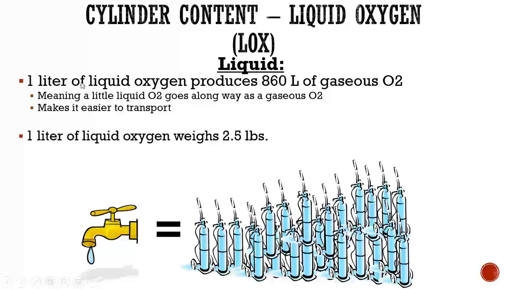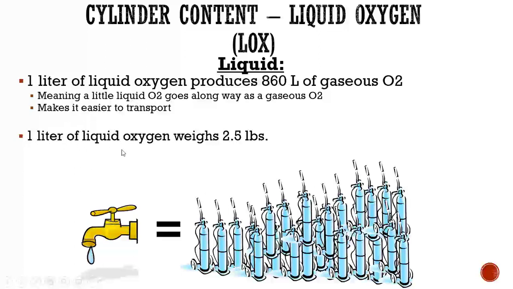That means a little bit of liquid makes a ton of the gas. That's why for bulk systems, it's almost always liquid oxygen, because it converts to so much gas, it's an easy way to store a lot of oxygen in a smaller space, okay? So a little liquid goes a long way.